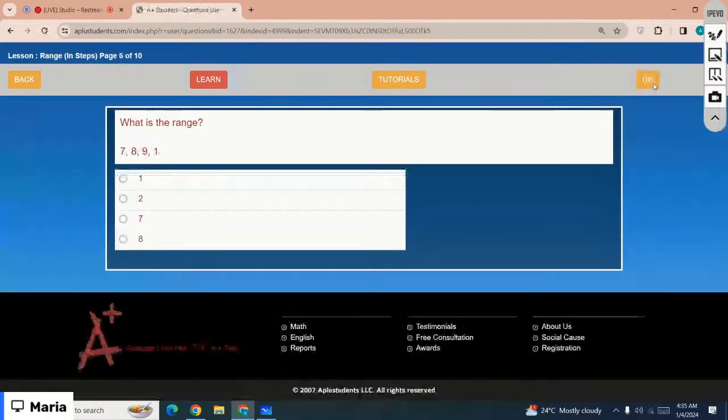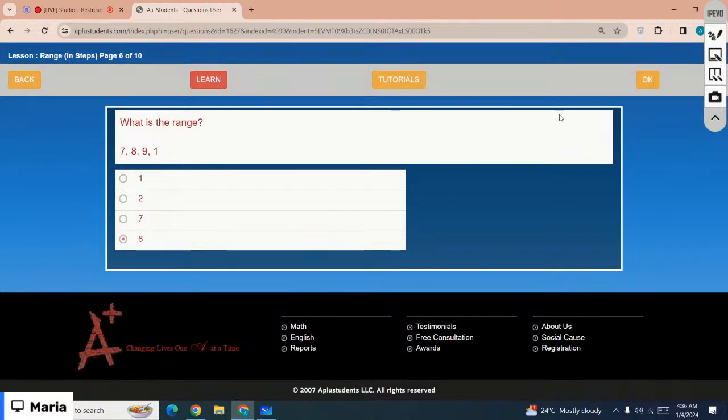What is the range? Which is the correct option? Yes, that is 9 minus 1.